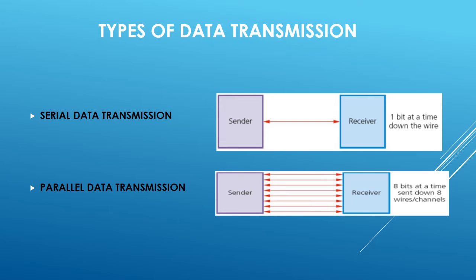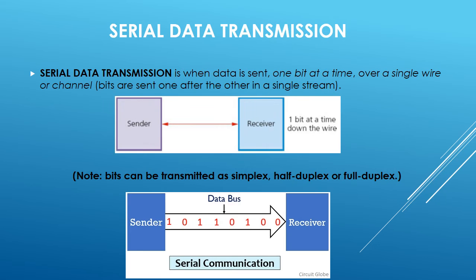Types of data transmission. Categorically, there are two types of data transmission: serial data transmission and parallel data transmission. Serial data transmission is when data is sent one bit at a time over a single wire or channel. Bits are sent one after the other in a single stream.